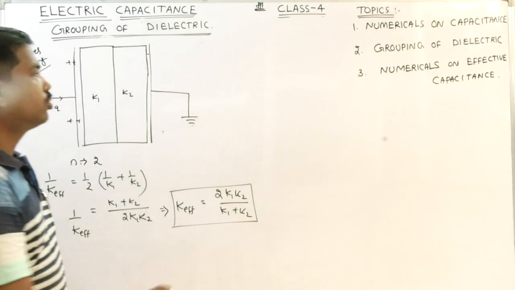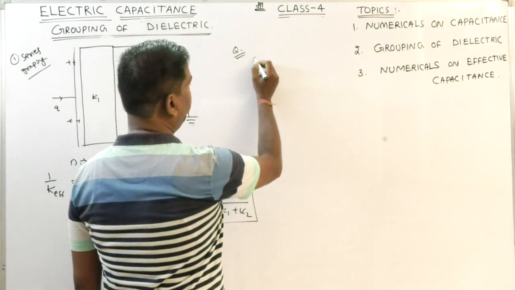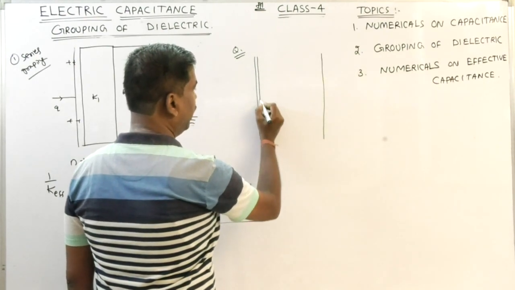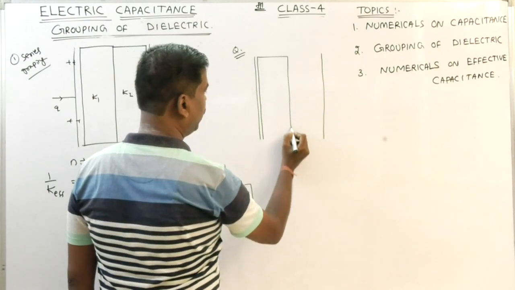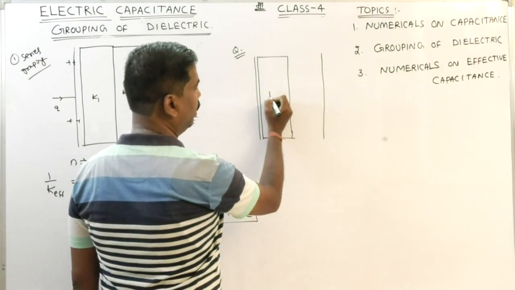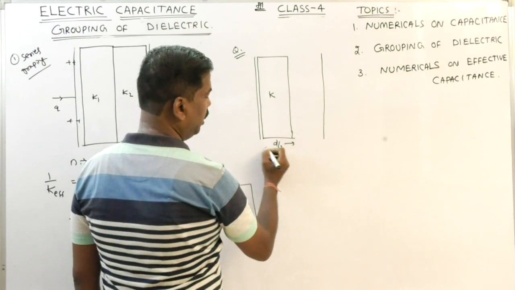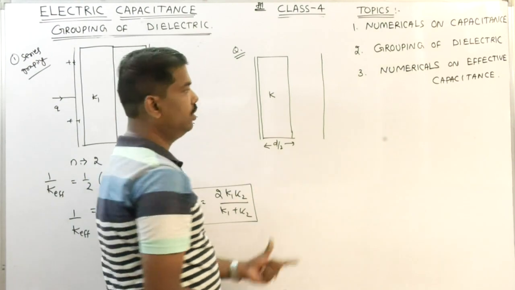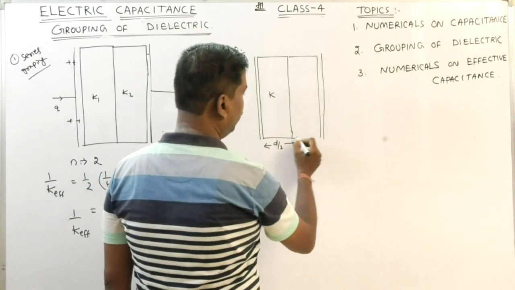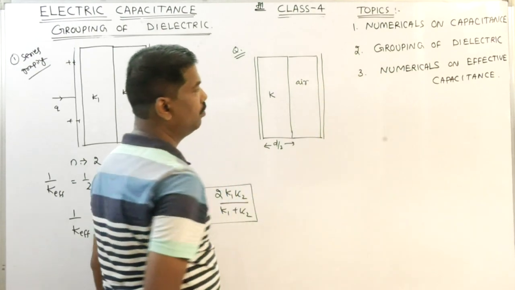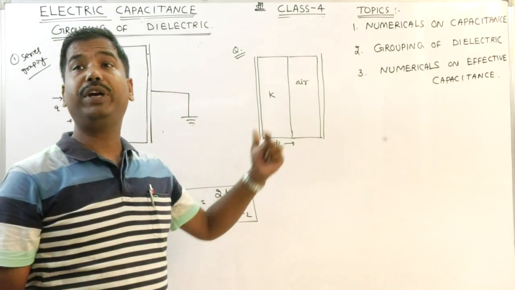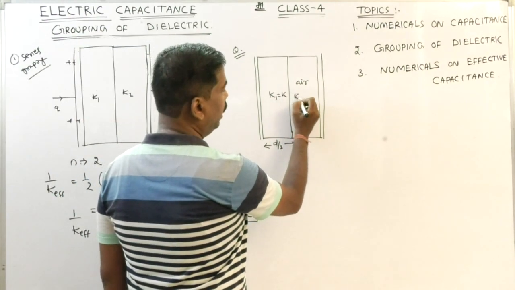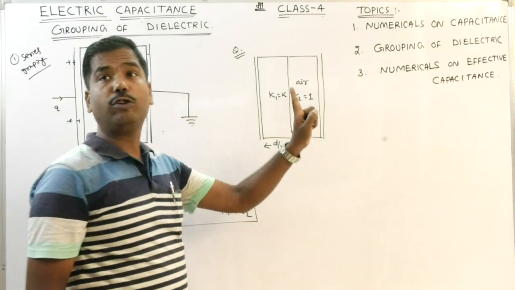Clear? Some questions ask: let a parallel plate capacitor have a dielectric of constant K of equal area covering half of the width between the two parallel plates, and the remaining half is covered with air. Find the effective capacitance. Clear? So listen to me. Here K1 is K given, while K2 is for air, whose dielectric constant is 1.